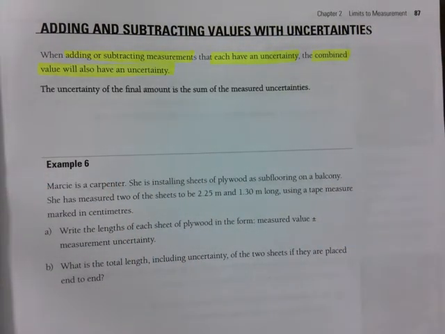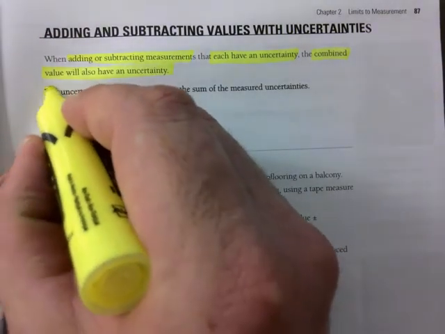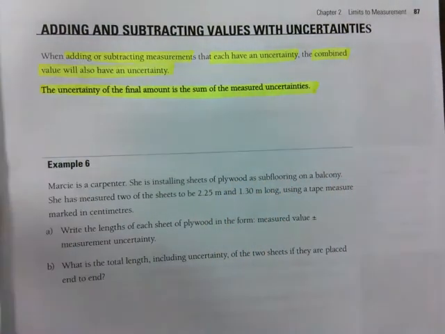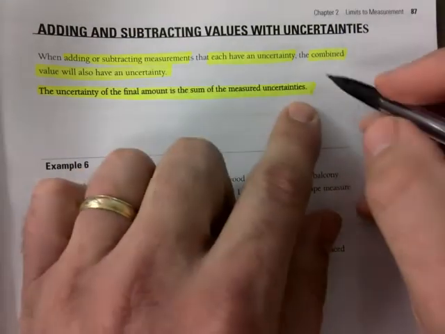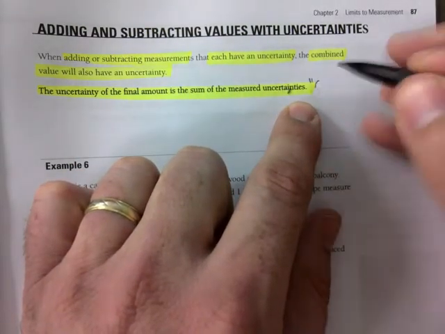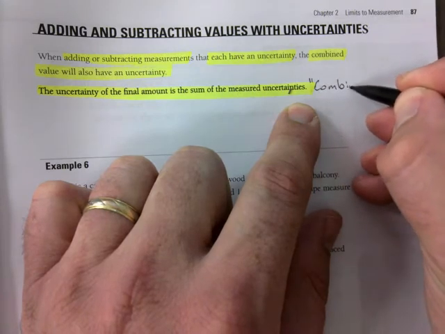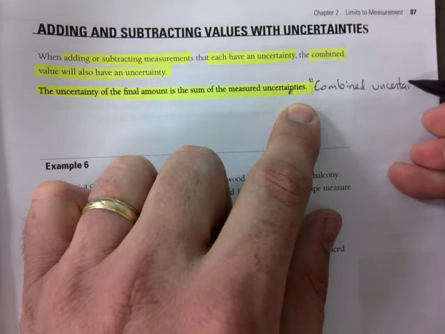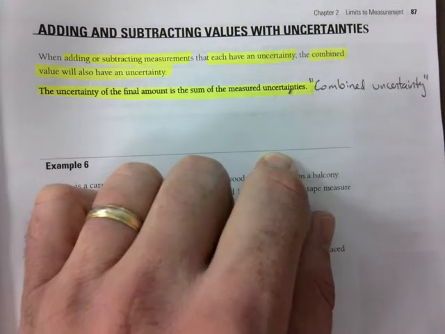The uncertainty of the final amount is the sum of the measured uncertainties. It's called combined uncertainty.